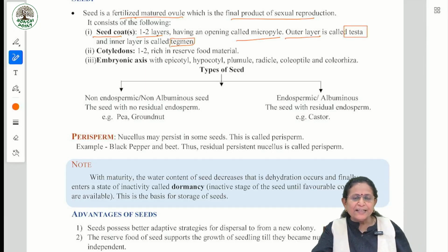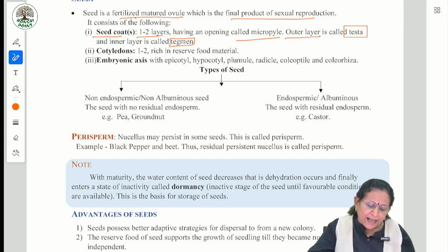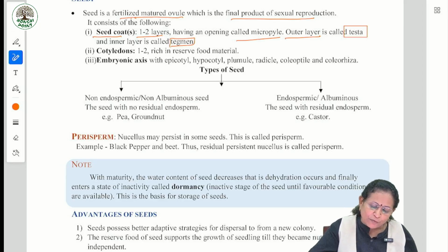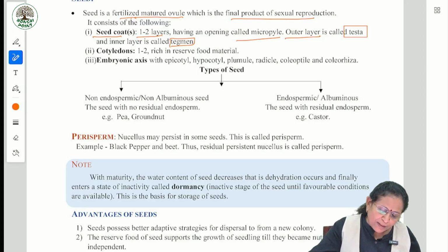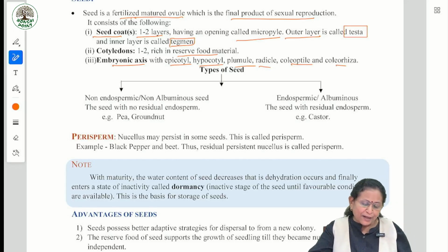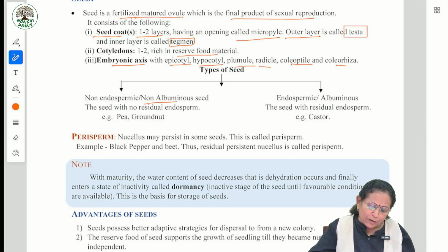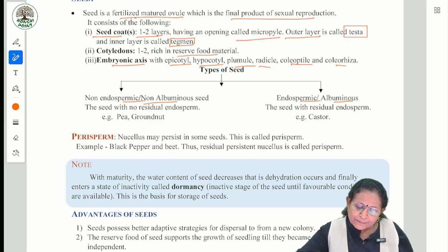The seed coat has 2 layers, the outer testa which is hard and the inner tegmen which is soft and smooth. Cotyledons, 1 or 2, are rich in reserve food material, and the embryonic axis has epicotyl, hypocotyl, plumule, radicle, coleoptile and coleorhiza. Non-endospermic seed or non-albuminous seed, and here endospermic seed or albuminous seed.